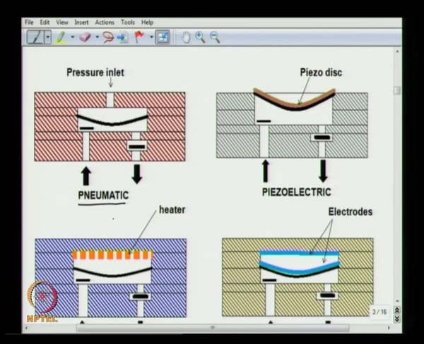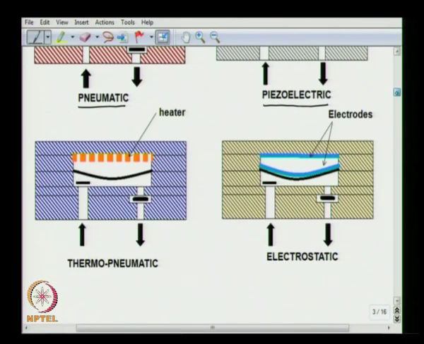And another displacement type mechanical micropump is the piezoelectric micropump. Okay. So, here you have the thermopneumatic micropump, which is non-mechanical type, because the energy source comes from thermal energy. Okay. And here is an electrostatic micropump, which is a non-mechanical micropump.